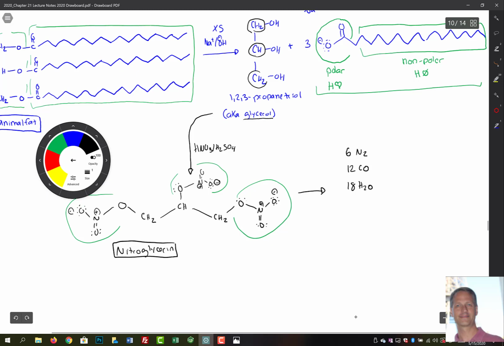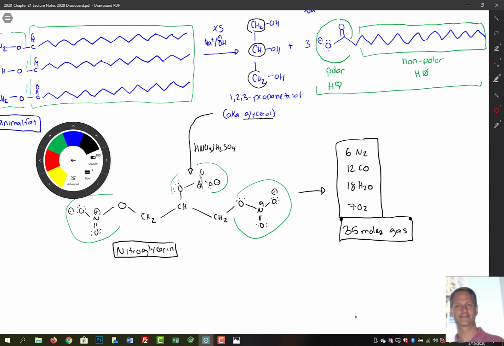It's going to be hot, and then 7 moles of oxygen. So when you add that up all together, you get 35 moles of gas. And that is going to cause this liquid to expand very quickly, right? And detonate. It blows up very fast.